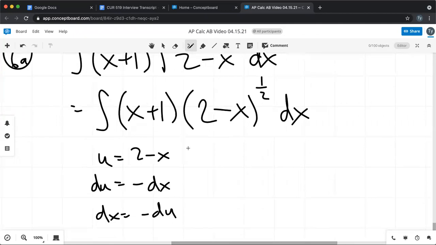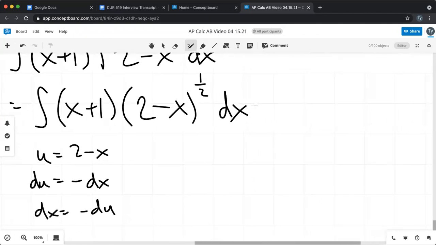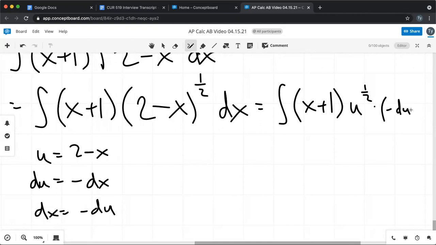And let's plug in u and our dx. So when we do that, we get, well, we haven't done anything with this term here. And we have a u. Instead of 2 minus x, we have u to the 1/2. Instead of dx, we have negative du.